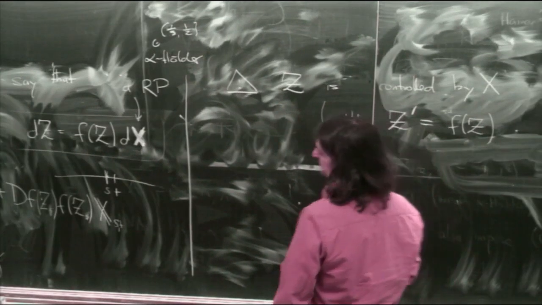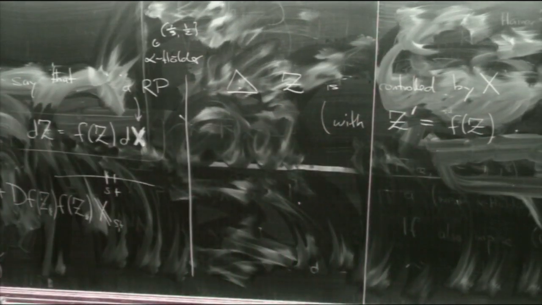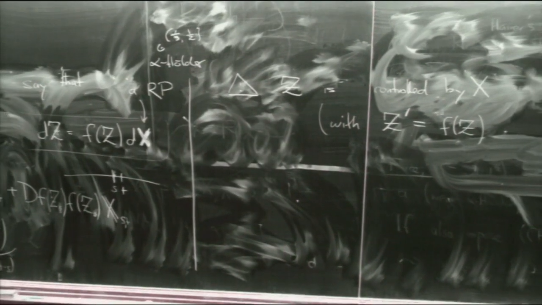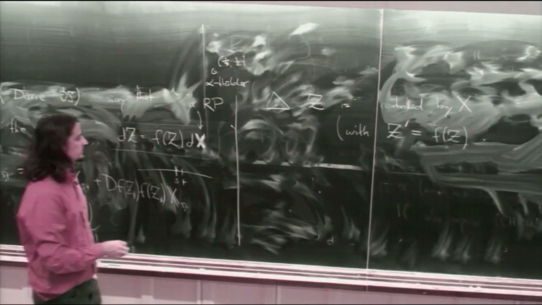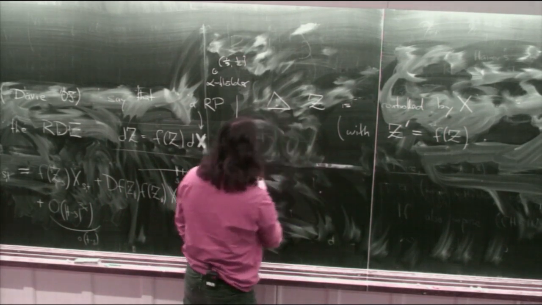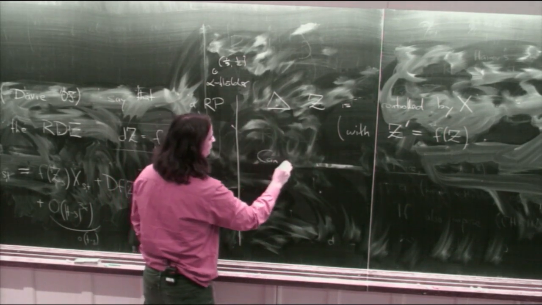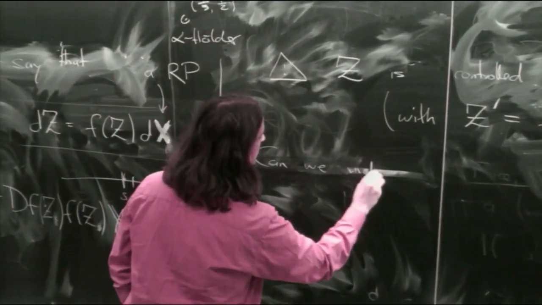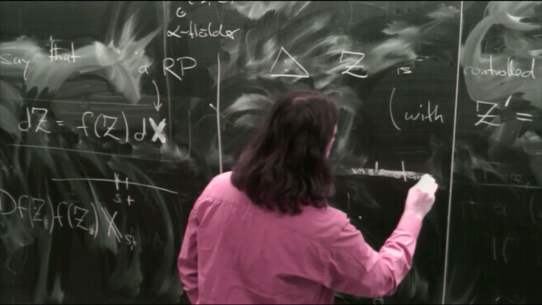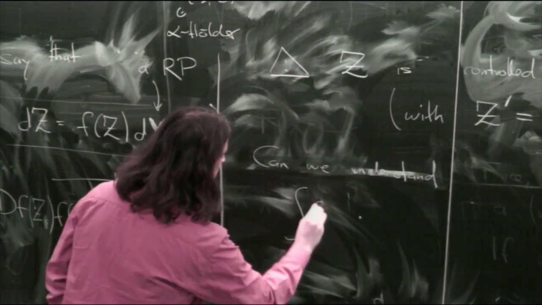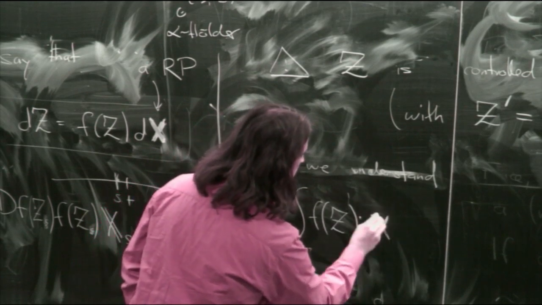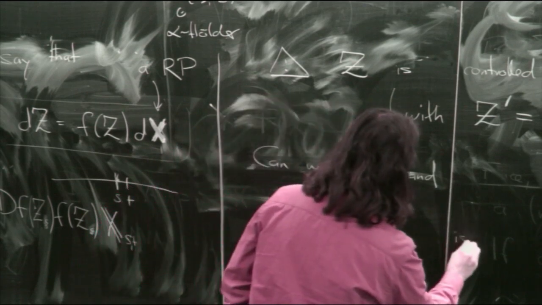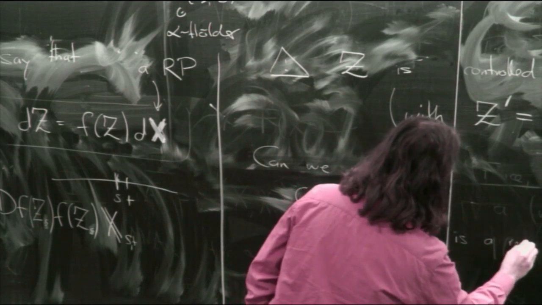Okay? So now what you would like to do is write this as an integral equation. So now I have to think for a moment, can we understand f(Z) dX here as a rough integral?